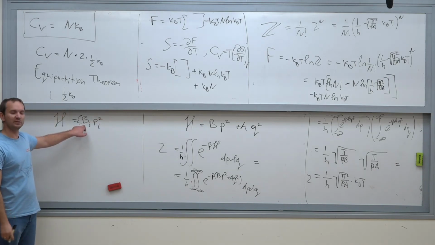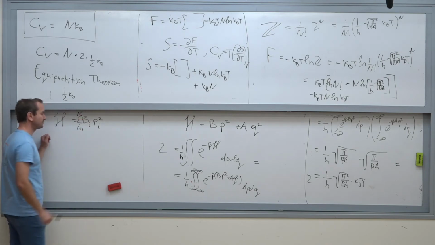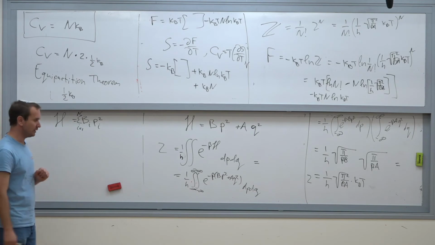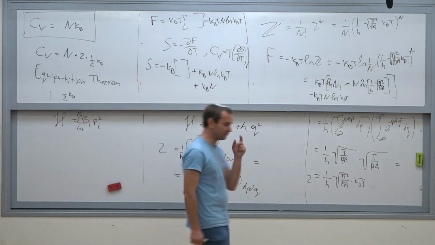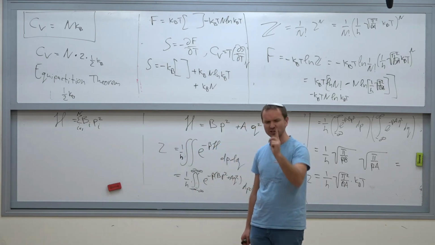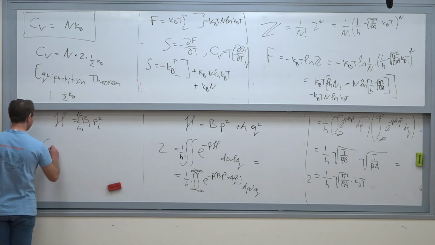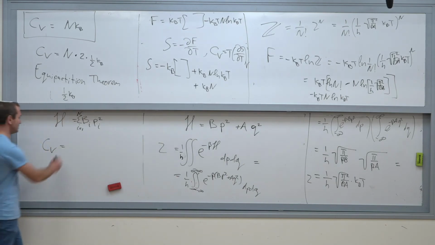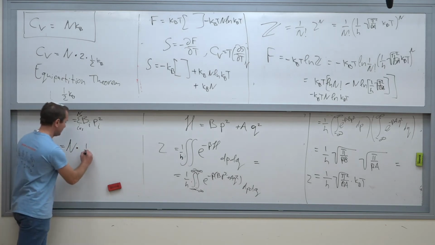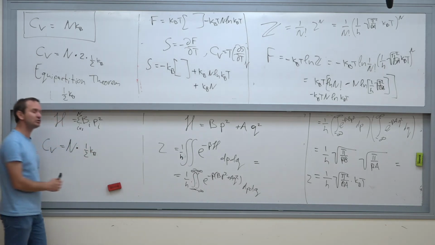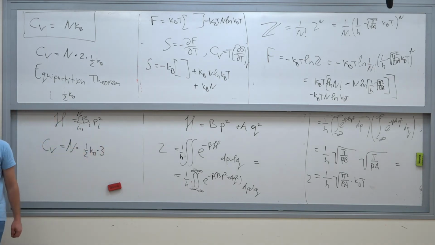You don't care about the prefactors. You only care about i going from 1 to n. Your p_i is actually 3 degrees of freedom. You have a momentum in the x direction, in the y direction, and the z direction. So C_V, according to the equipartition theorem, is the number of particles multiplied by 1/2 k_B for each degree of freedom, and you have 3 degrees of freedom over there.